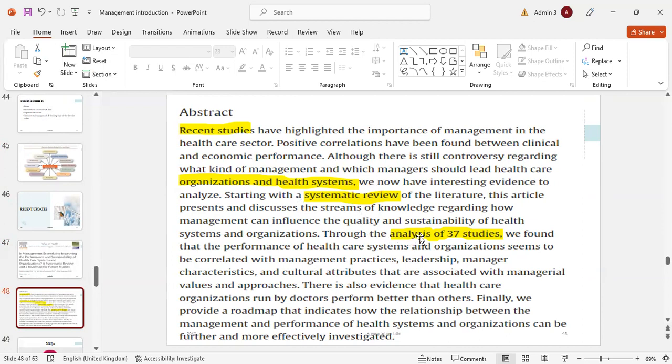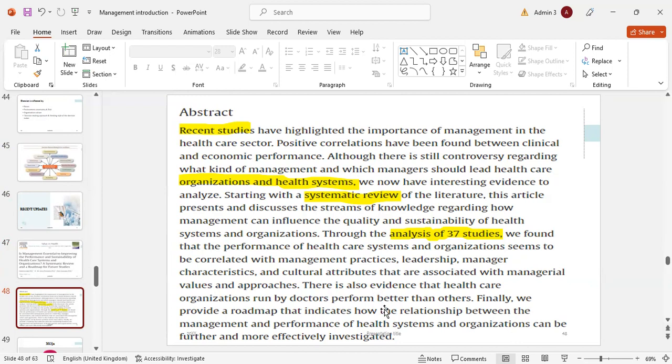include 37 studies. This study found that performance of healthcare system and organizations seems to be correlated with management practices, leadership, manager characteristics, and cultural attributes that are associated with managerial values and approaches.